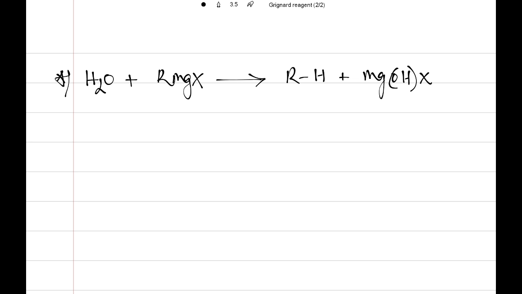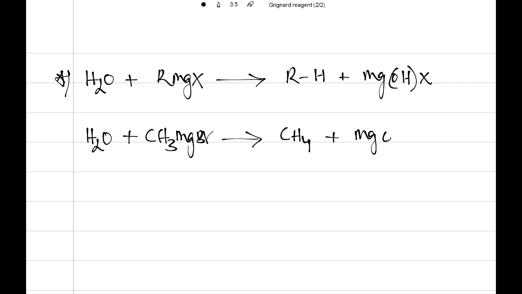Instead of R I am taking CH3 and instead of X I am taking bromine. Then what is the product? When H2O reacts with CH3MgBr, we get CH4 released along with MgOHBr.